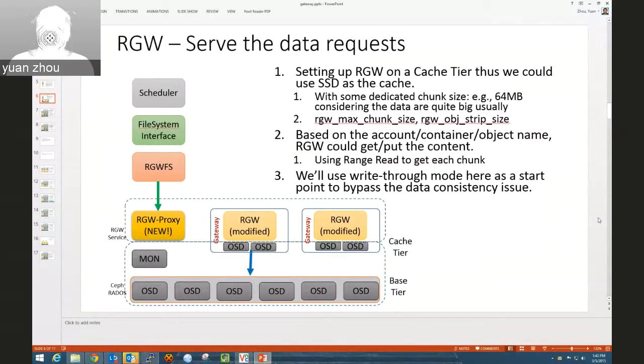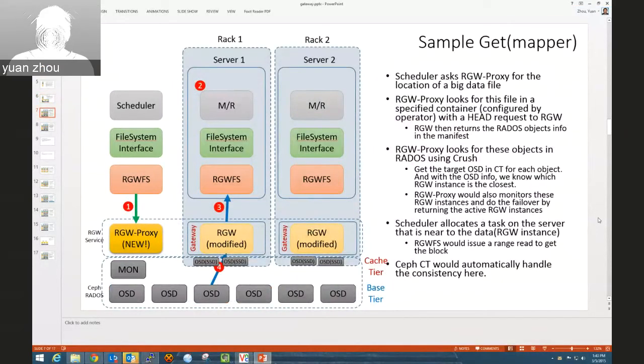So this is a sample get flow for the RGWFS. This is a bit tricky. For example, RGWFS is going to get one object called object 1, and RGW proxy would try to look for this file in a specified container.